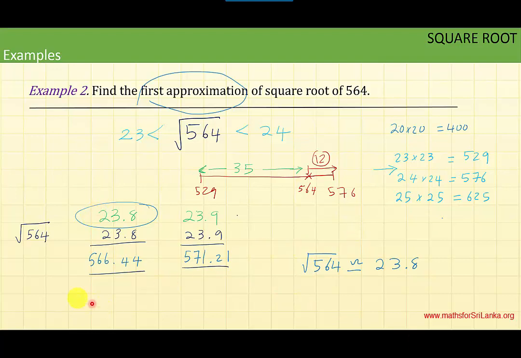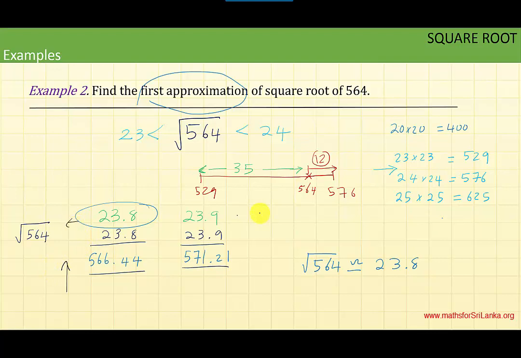Now 566.44 is closer to 564 than 571.21. Therefore, can we conclude that the square root of 564 is approximately equal to 23.8? So what do you think? If you notice, both 566 and 571 are above 564. So we cannot conclude without checking something below this number.